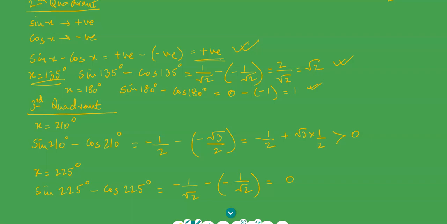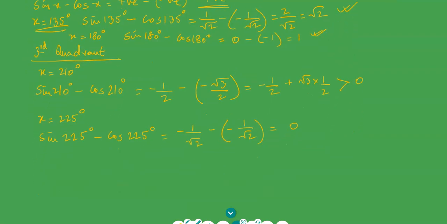So what if we take x equal to 240 degrees? It is 180 plus 60.